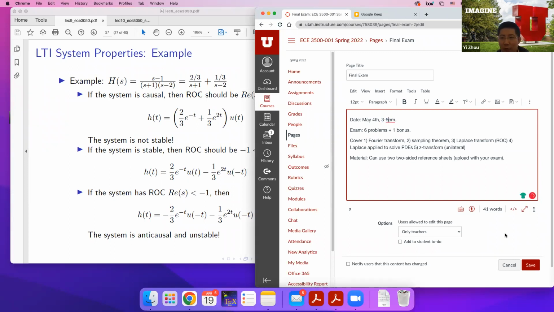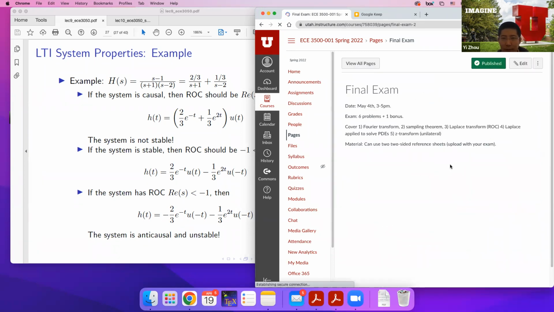So it looks like this is the only option, but let's try this. Okay, so let's try to make it 3 to 5.